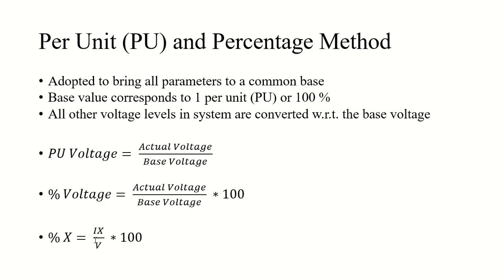Here, I is the full load current. X is, as I mentioned, the actual reactance per phase. We are talking about phase only here, so don't get confused. V is the rated phase voltage. And we are simply multiplying it with 100, and what you get is your percentage reactance.